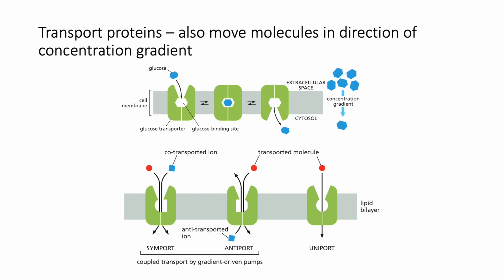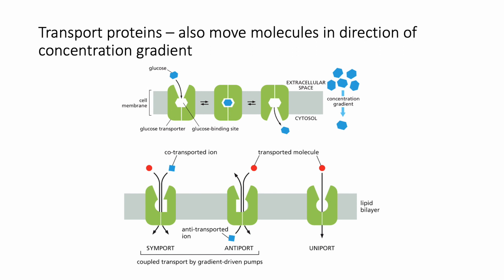Now there's a number of different classes of these transport proteins. We'll start out on the right-hand side. There's what's called a uniport. That is, it transports one molecule at a time. That's like the glucose that we just talked about. There's called an antiport, which will transport molecules in two different directions.